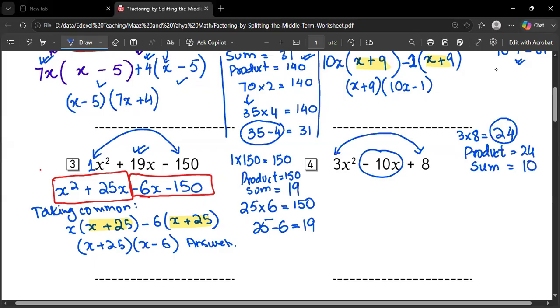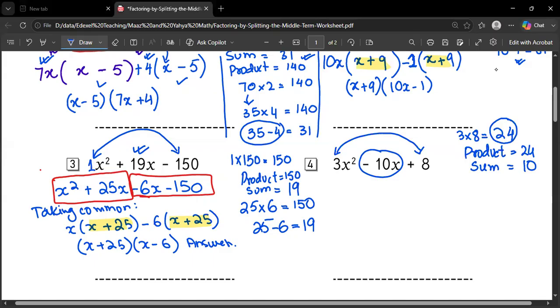You can ignore the minus sign and we can deal with the minus. Okay, right? Now, think about the two numbers whose product is 24 and the sum is 10. Yes, quickly find out the two numbers.